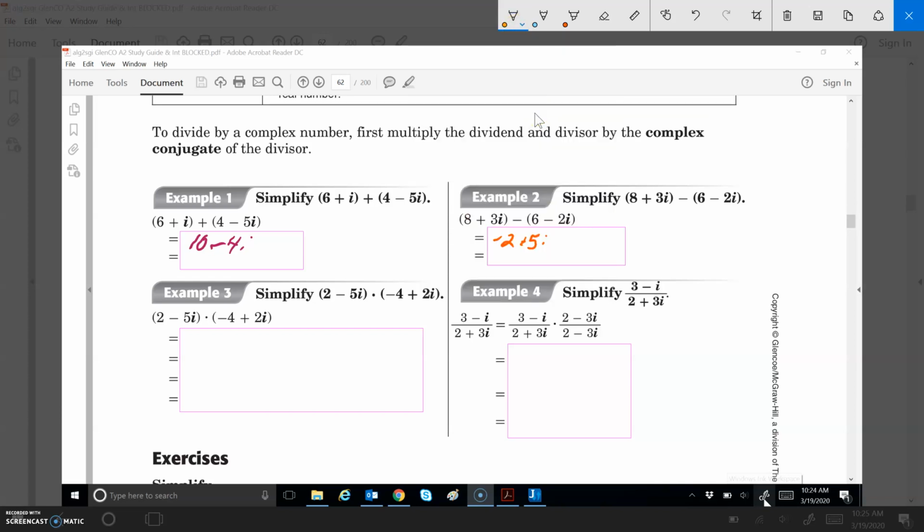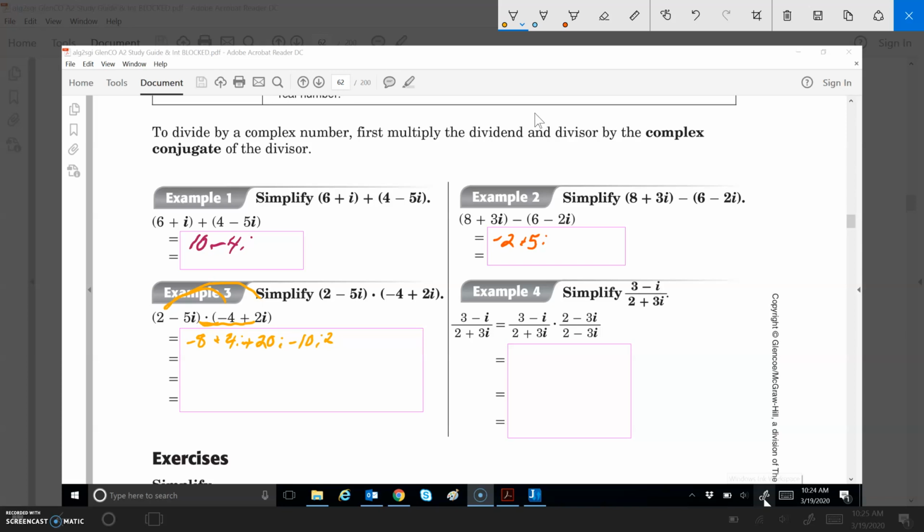All right, so we're going to FOIL this. First, 2 times -4 is -8. Outer, 2 times 2i is positive 4i. Inner is -5i times -4, so that's positive 20i. Last, -5 times 2 is -10, i squared, because i times i.